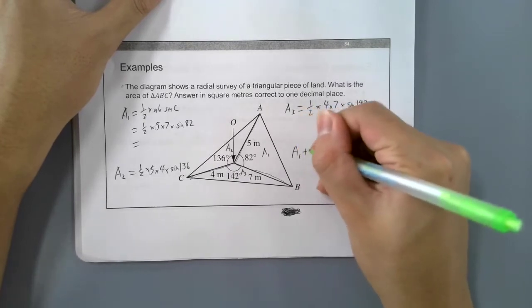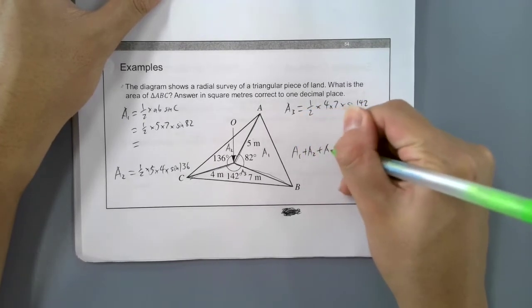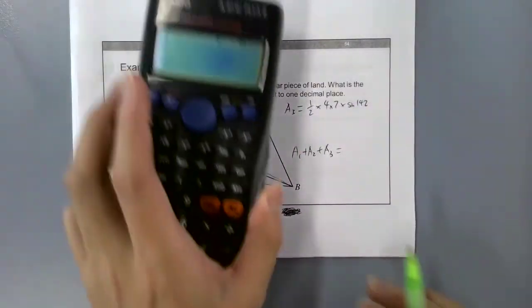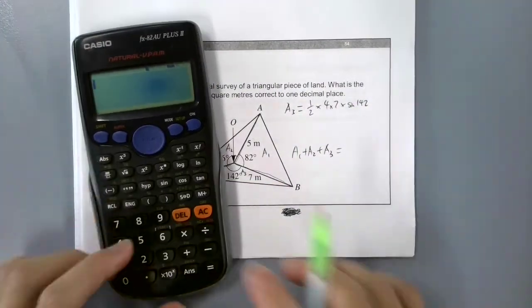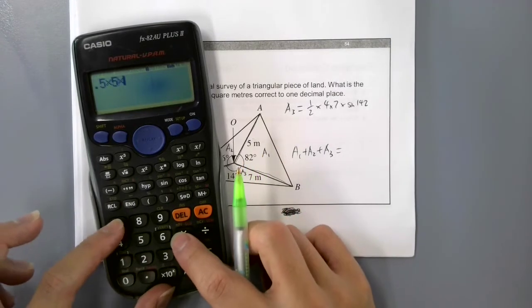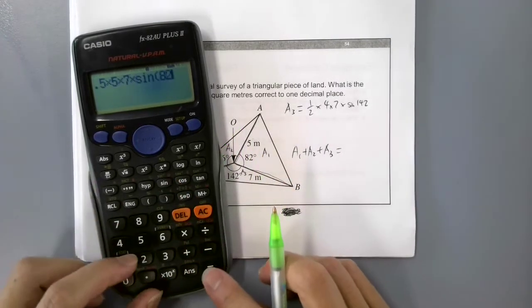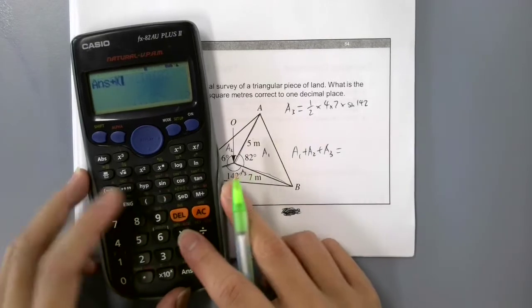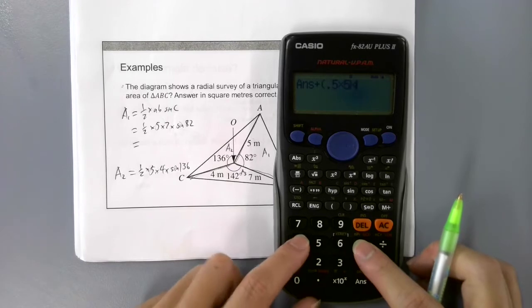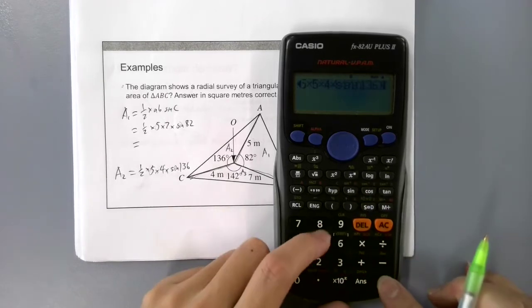Now, when we add all these up, you'll notice that I don't have to work out the solutions for all these. I can just type all of this in one go. So what I'm going to do is I'm going to do half times 5 times 7 times sine 82. And then I'm going to add half times 5 times 4 times sine 136.